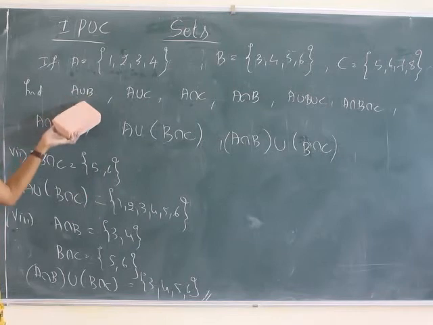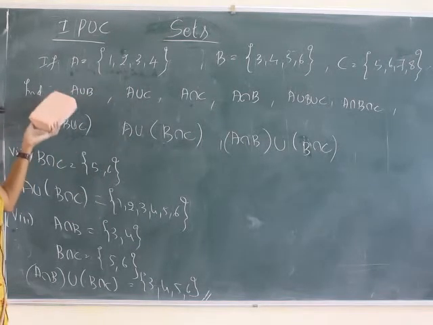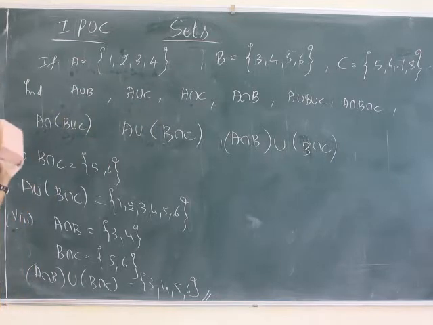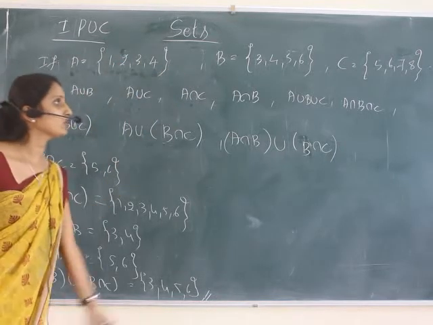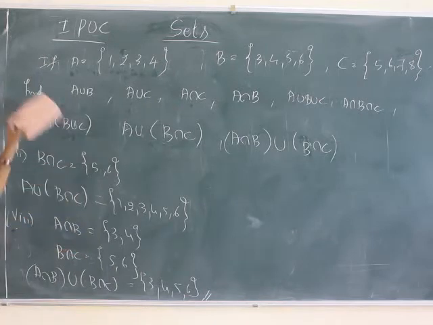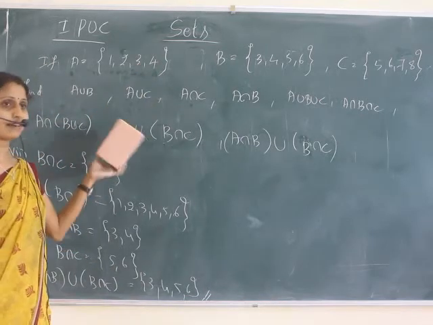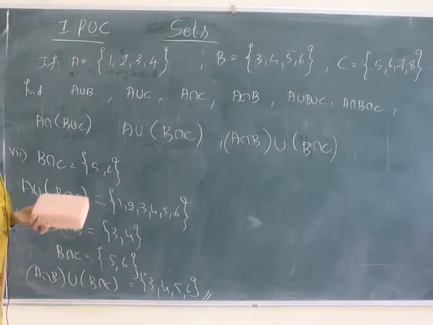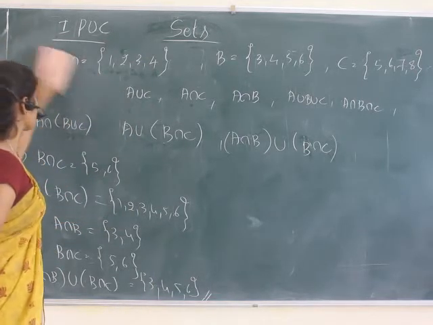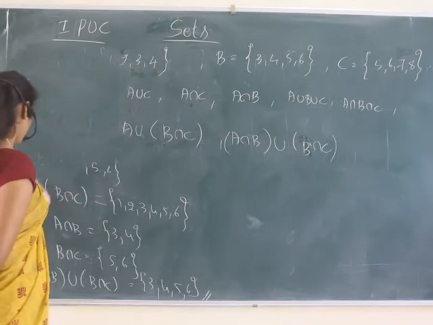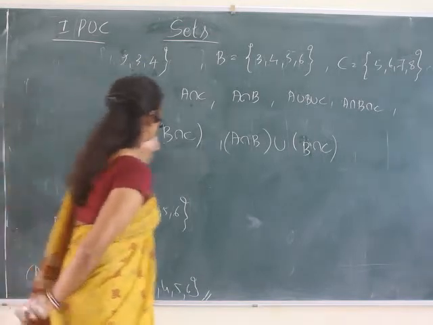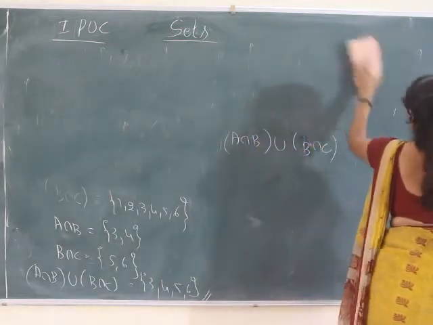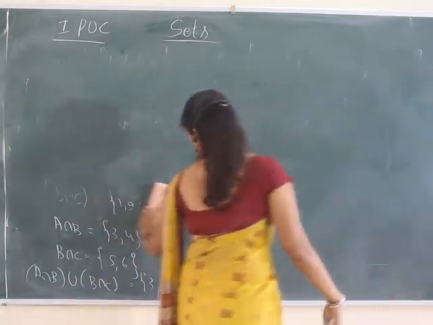Not only A union B or A union C, they may ask B union A, B union C, or B intersection A. They can ask any of these, and they can give the sets in terms of numbers or alphabets. So this is the way of calculating intersection and union together.